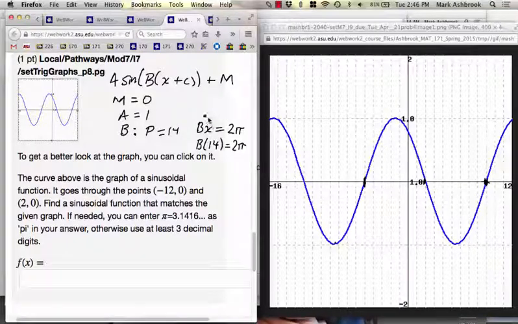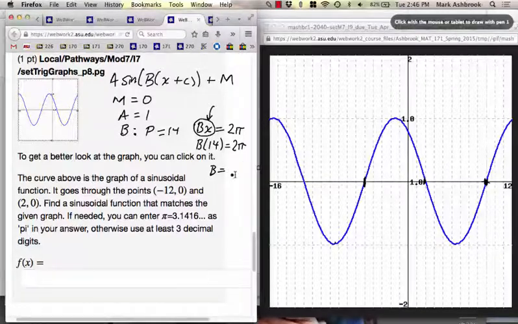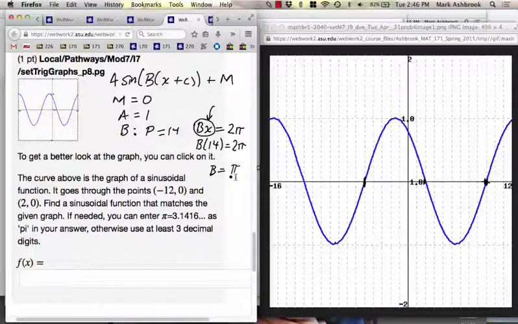So what angle measure does bx need to reach for one cycle? That needs to achieve 2 pi. Everyone hearing that? Yeah. That needs to achieve 2 pi. Okay, and so then we need that to be 14. So b is 2 pi over 14, which is pi over 7. Just seeing if you're paying attention.